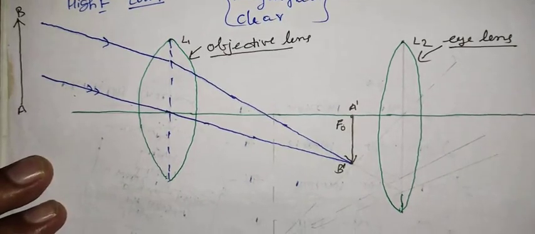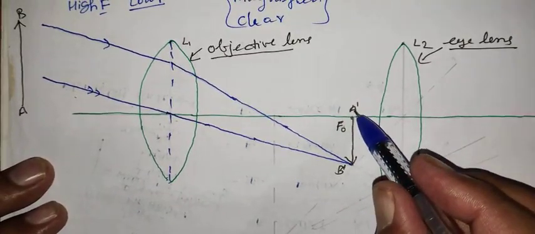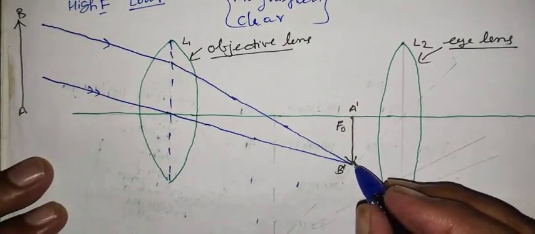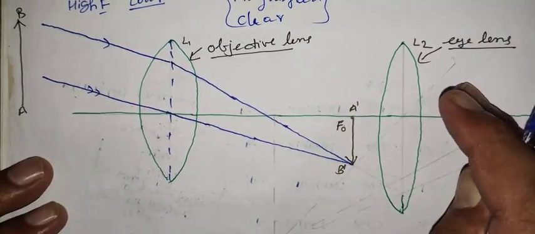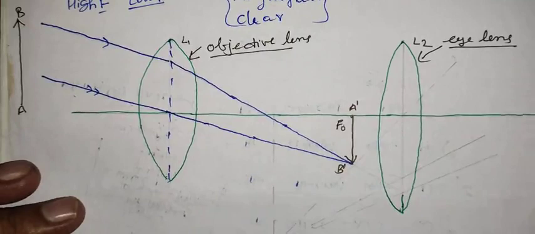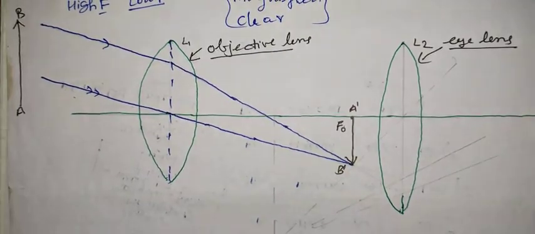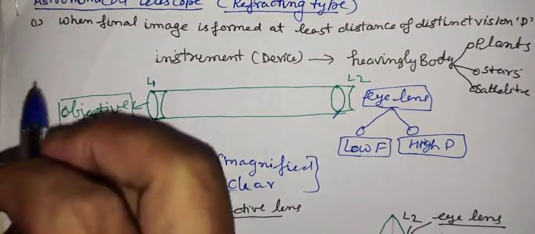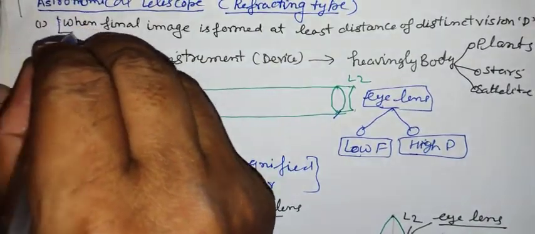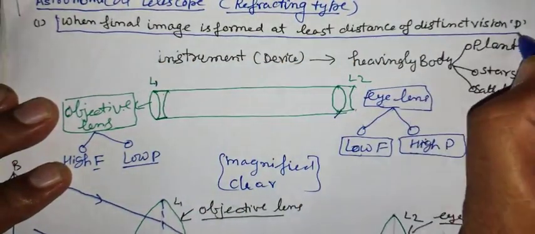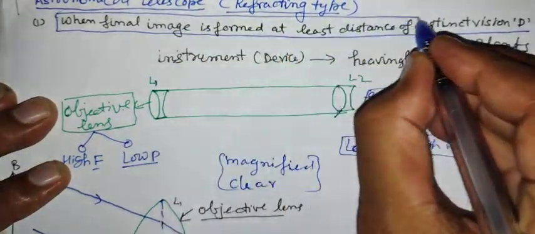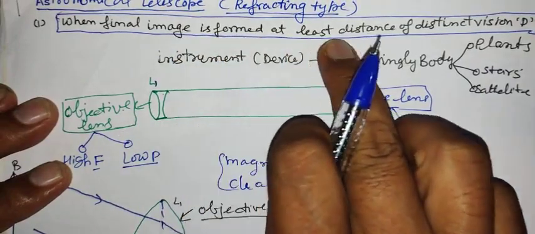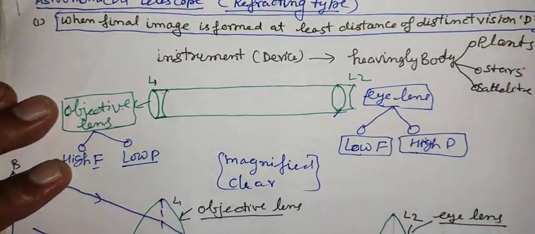The image formed by the objective lens of a distant object behaves as a virtual object for the eye lens. We will take the final image when it is formed at the least distance of distinct vision, capital D.